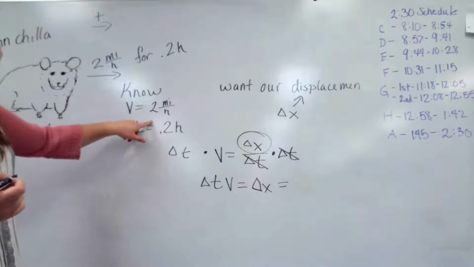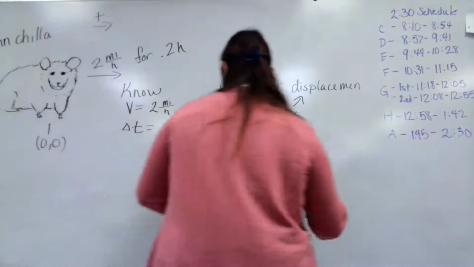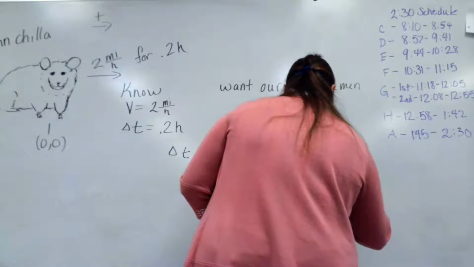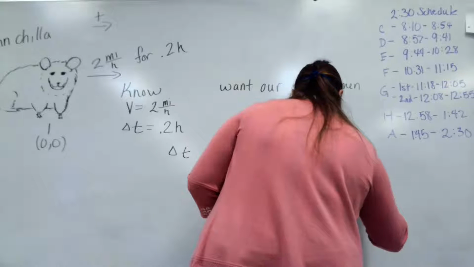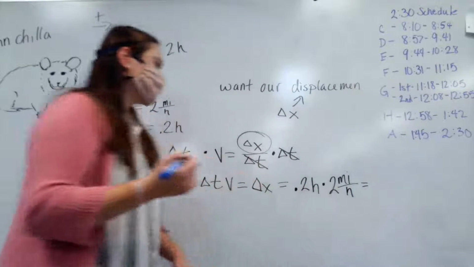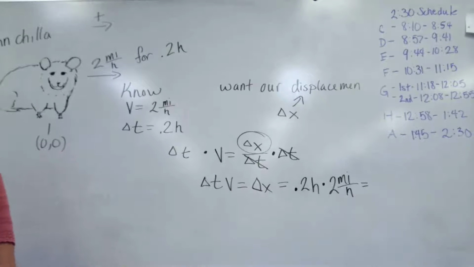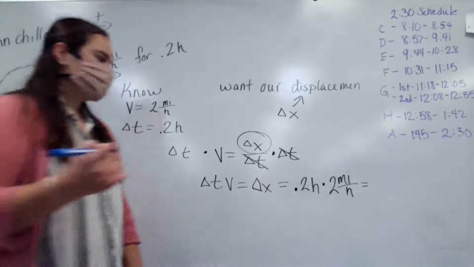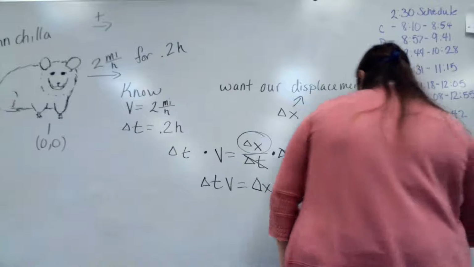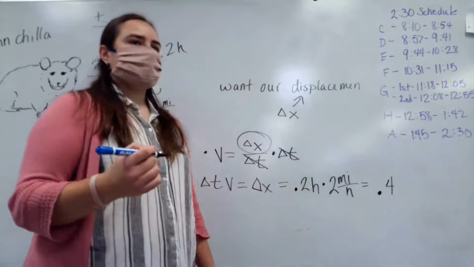Let's actually put our numbers in now. So we know our v should be 2 miles per hour and our delta t should be 0.2. All right, so what do we get? 0.2 times 2? Yeah. 0.4. Okay. What units are we going to have?